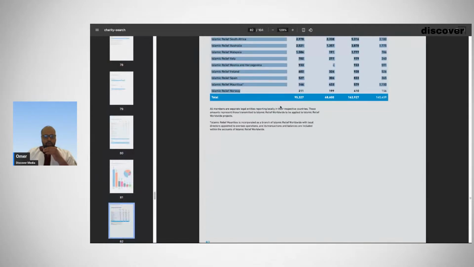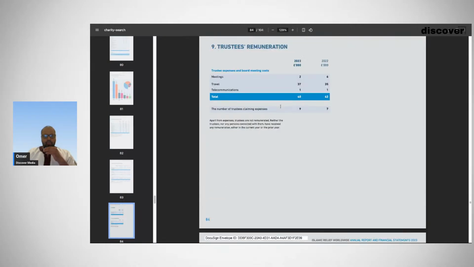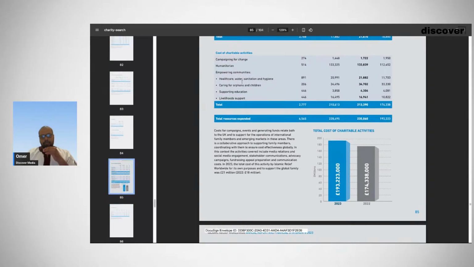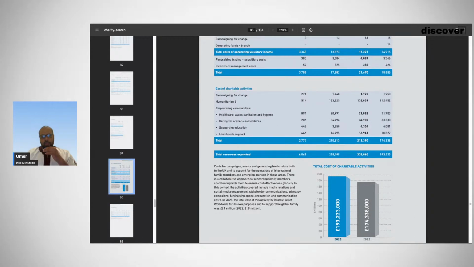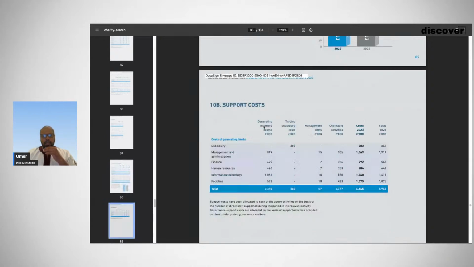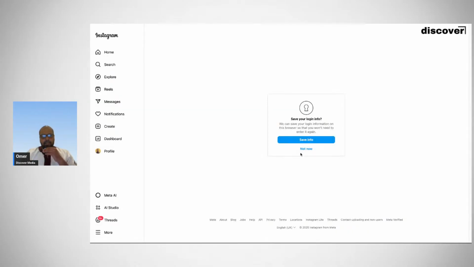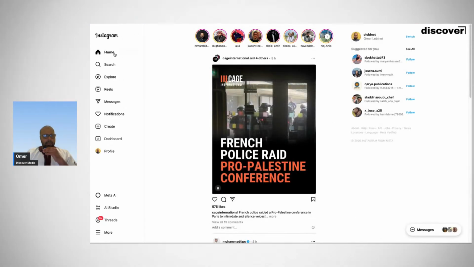What else do we need to look at? Also look, you can see what they're into, where they spend their money. Are they into education? Or are they into orphans? Let's say one organization that I really like seeing, let's do Islamic Relief here.